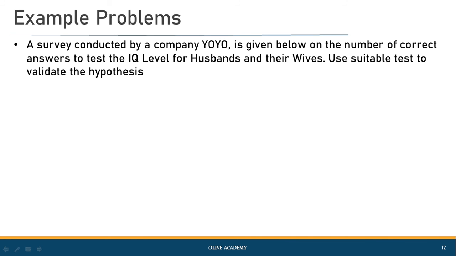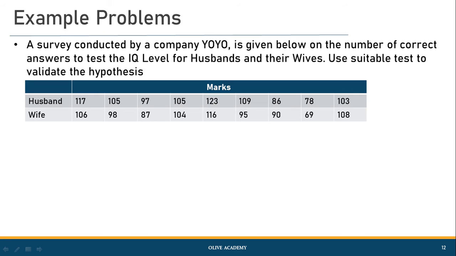Now there is one more example where a survey conducted by a company Yo-Yo is given below on the number of correct answers to test the IQ level for husbands and their wives. And the company is claiming that husband is having more IQ level than wife based on this data set. That's what the company Yo-Yo is claiming. Use a suitable test to validate the hypothesis.